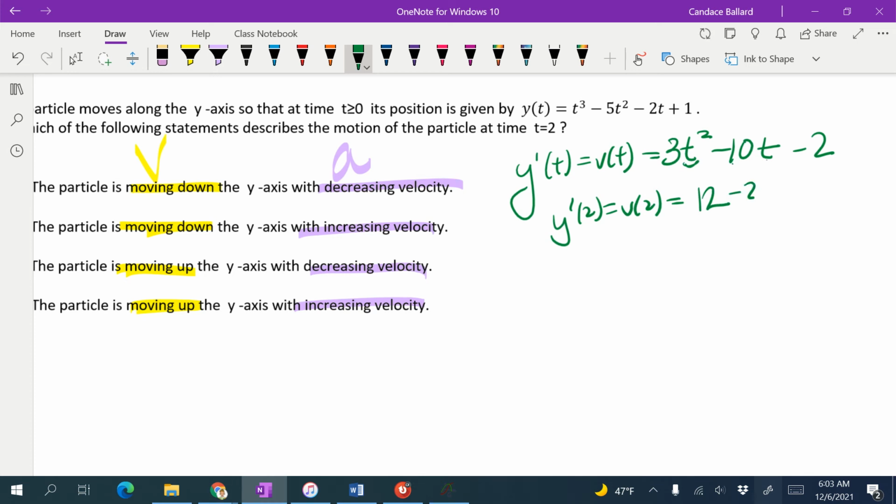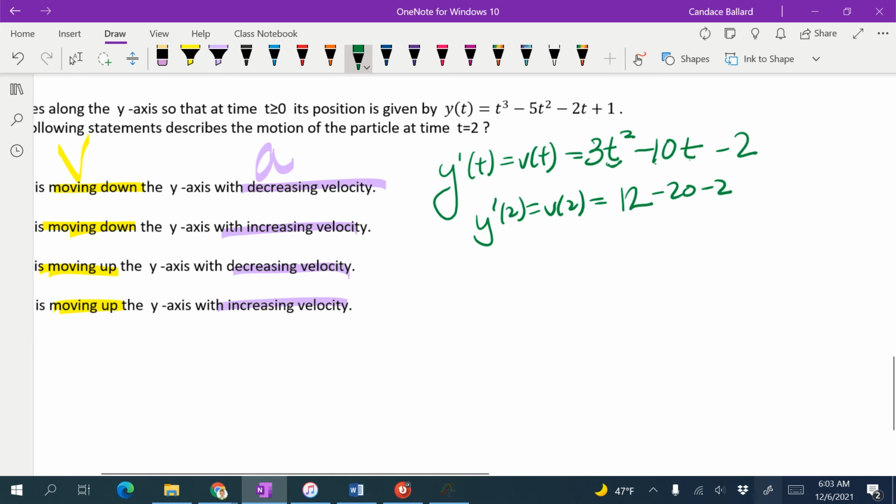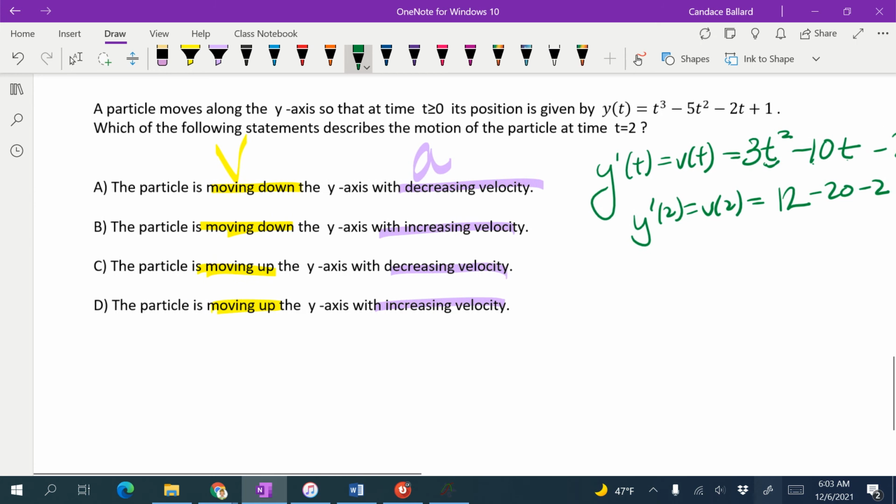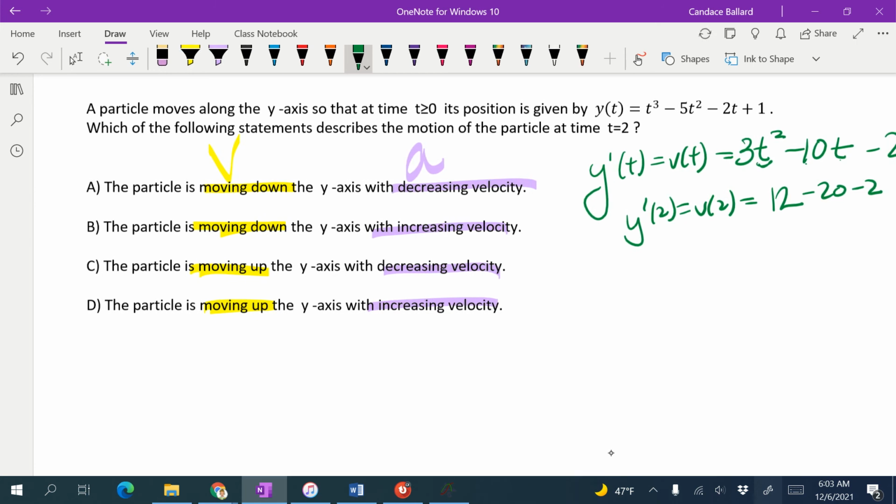Negative 10 times 2 is negative 20. So in this case, it looks like I've got negative 20 plus 12 minus 2, which would be negative 10. So I know that my velocity is negative, which means it has to be moving down, which means I get rid of answer choice C and answer choice D.